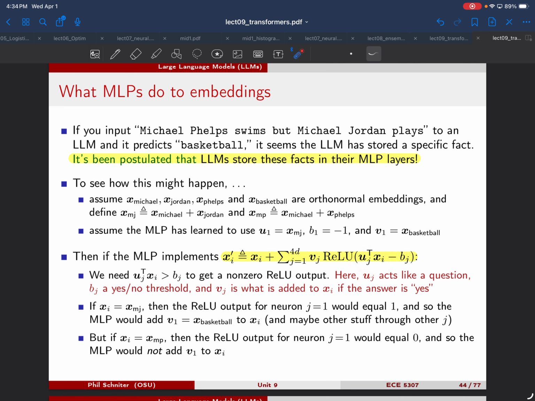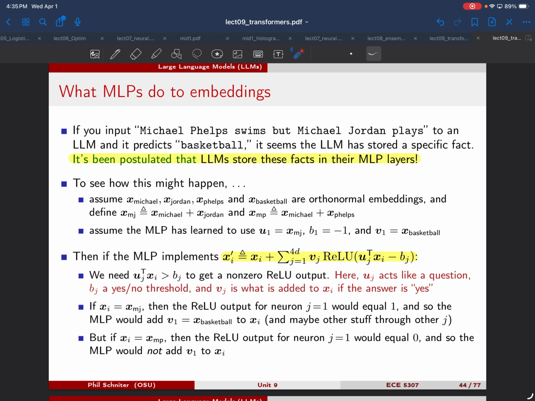And so this bias just needs to be something; the bias might even be 0 in that case. Here I chose it as -1. So if it's Michael Jordan, something comes through the ReLU, and then we can set X basketball to be V_j, so if X_i is Michael Jordan, you add basketball to it as it flows through this MLP.